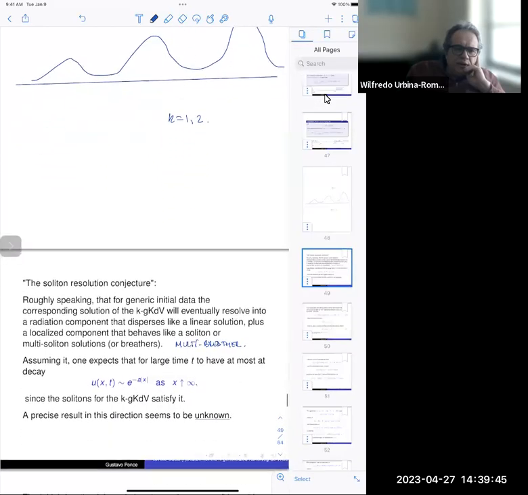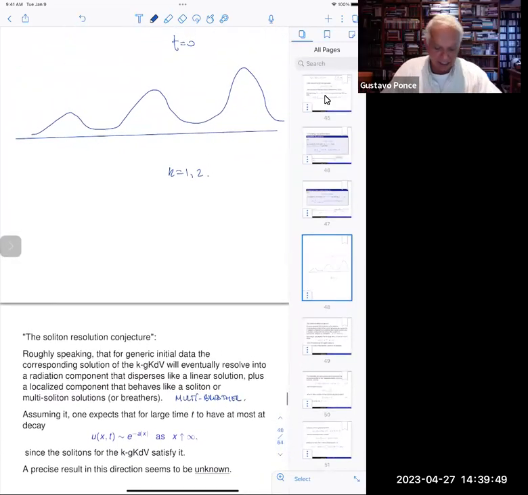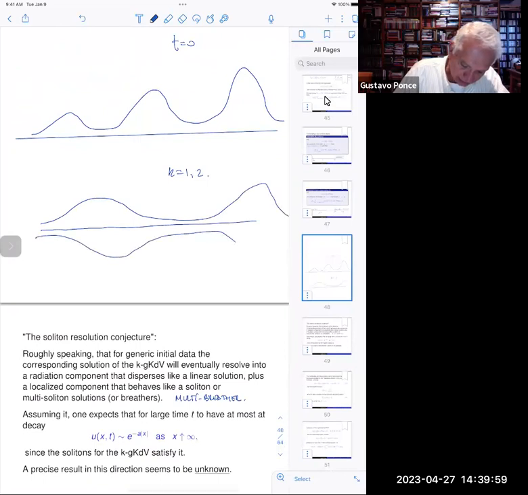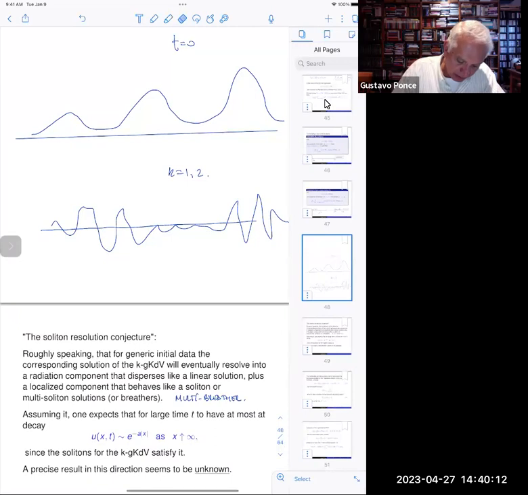And what is a multi-breather? Well, a multi-breather is a breather that will be a multi-breather. It has been proved only for k equal to 2. It's something that looks like this. And that was proved recently. And the solution is the part inside. This is the envelope.